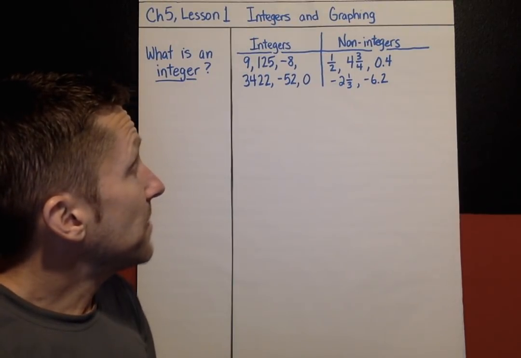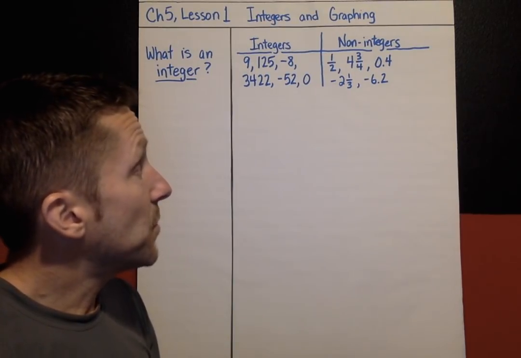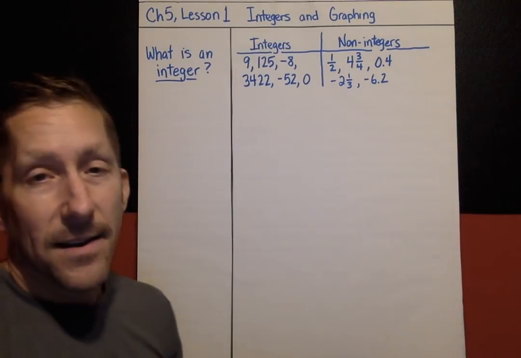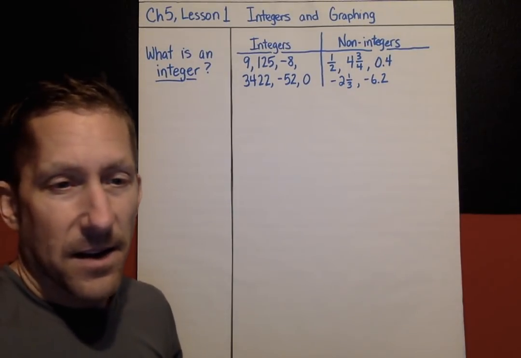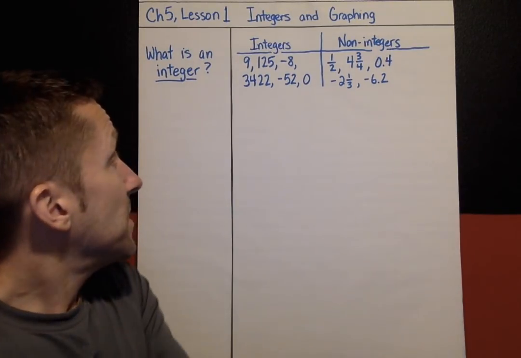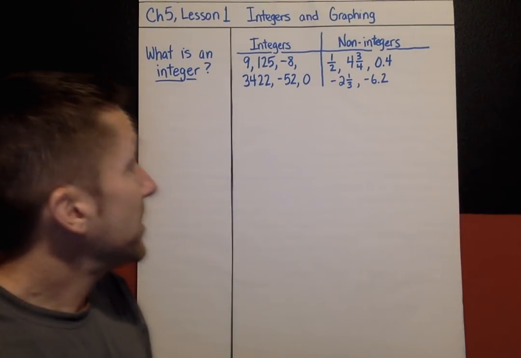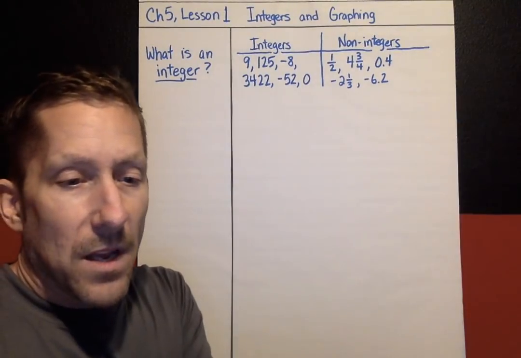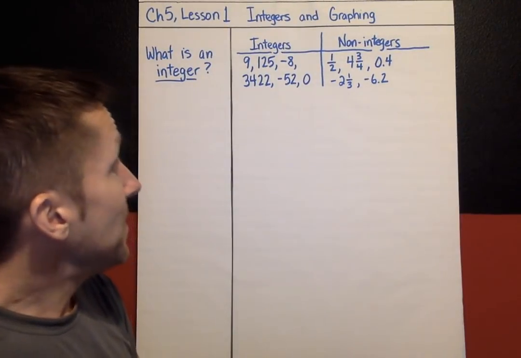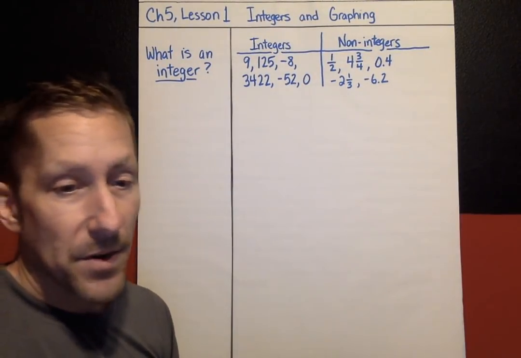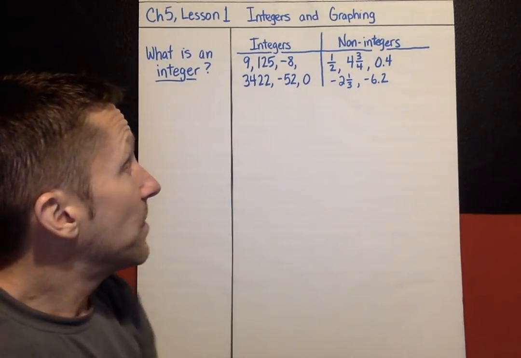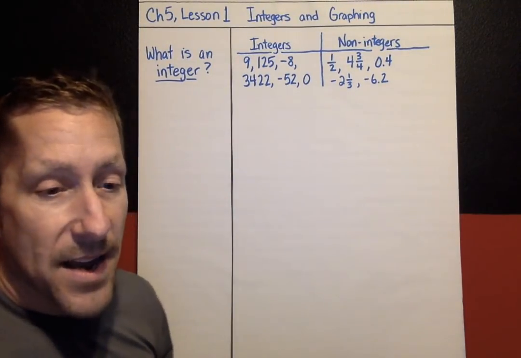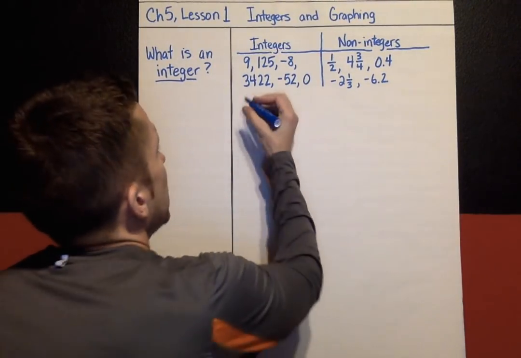So now I think we've got a good list, and I think you can probably tell from our survey what is an integer and what are non-integers. Integers are whole numbers, positive and negative, and zero. So on a graph, let's write this down.